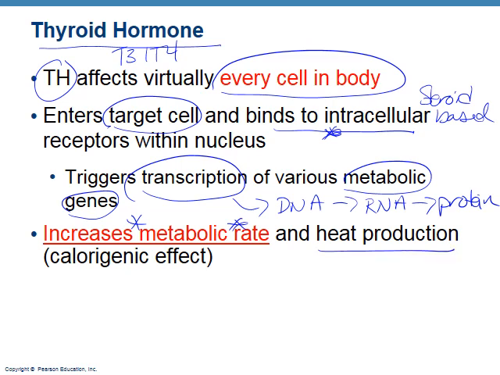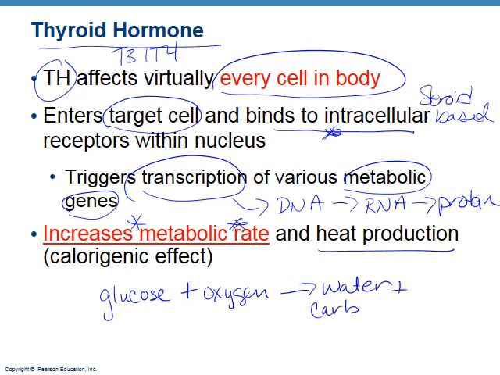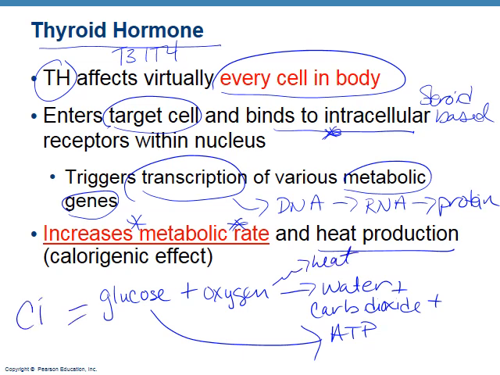Also heat production. Please remember cellular respiration: glucose plus oxygen yields water plus carbon dioxide plus ATP. When you're turning glucose into ATP, you are also releasing heat. Everybody should be able to write this equation for cellular respiration.